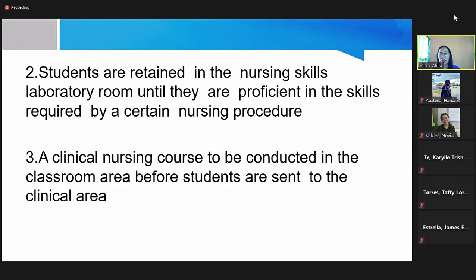Okay, next, the students are retained in the nursing skills laboratory room until they are proficient in the skills required by a certain nursing procedure. You will have your return demonstration. It is not only during the Fonda lab, but as you go on with your duty in the ward, before you start with your duty, meron tayong tinatawag na skills lab.